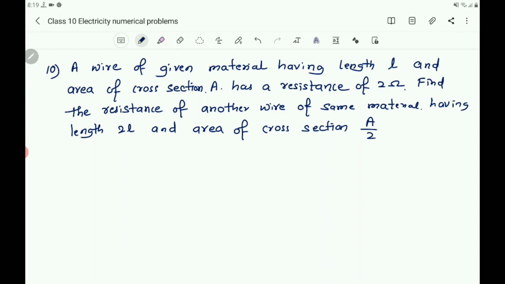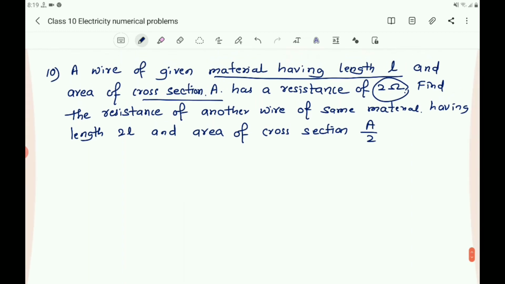Here the wire of given material having length L and cross section A has a resistance of 2 ohm. Find the resistance of another wire of same material having length 2L and area of cross section A by 2. Here the material is same, means the resistivity remains constant.